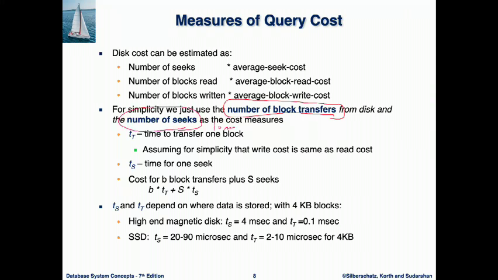Like 10 millisecond delay per random disk seek on disk. And whenever we read a block or write a block, there is some cost. So for example, 0.1 millisecond. That's the time cost for each block.